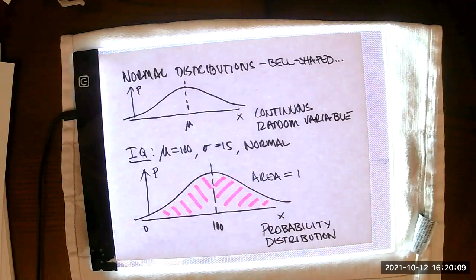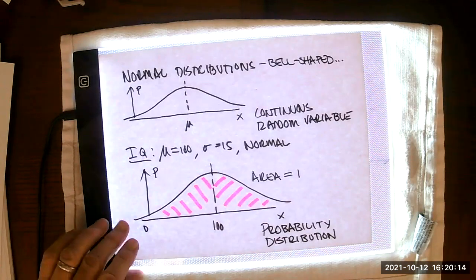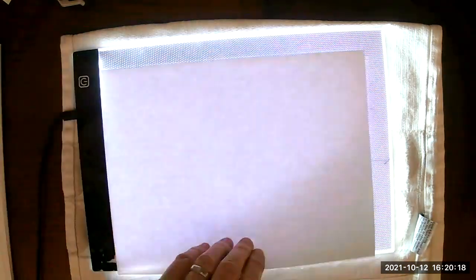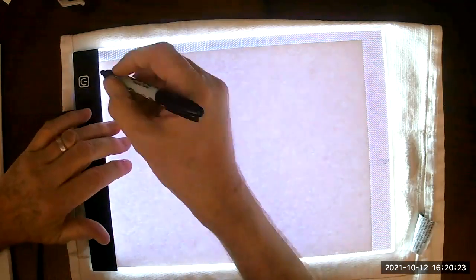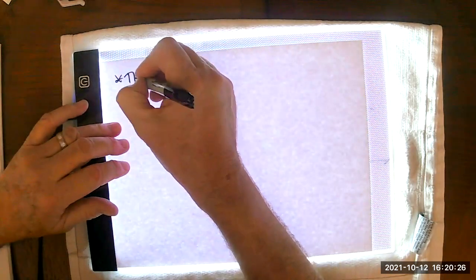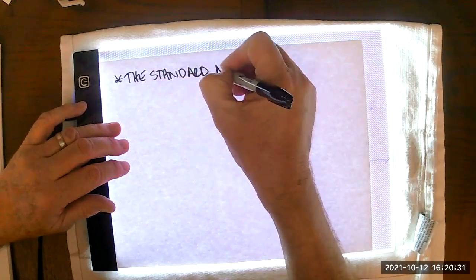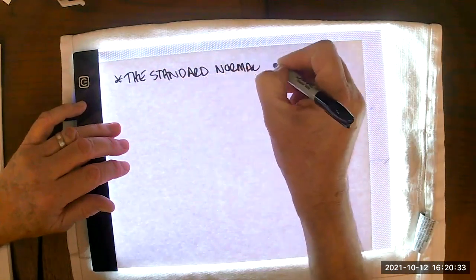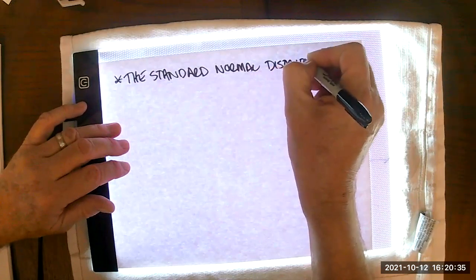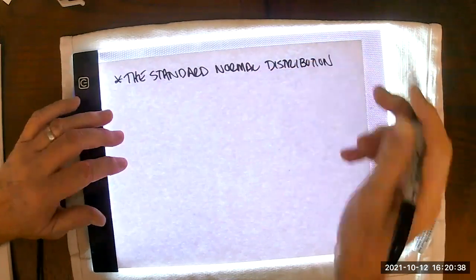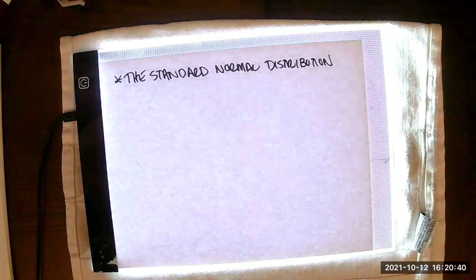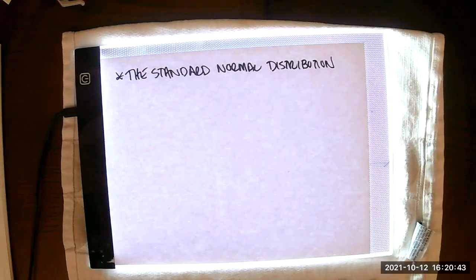Now, I'm going to take a look at a very specific probability distribution that we'll encounter in section 6.1. And this is what we call the standard normal distribution. My only goal here is to introduce it and say, hey, hello, pleased to meet you.